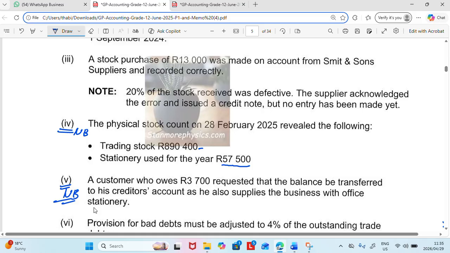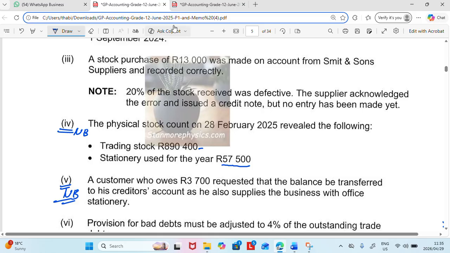So a customer here who is owing us 3,700 is now requesting that 3,700 be transferred to his creditor's control.